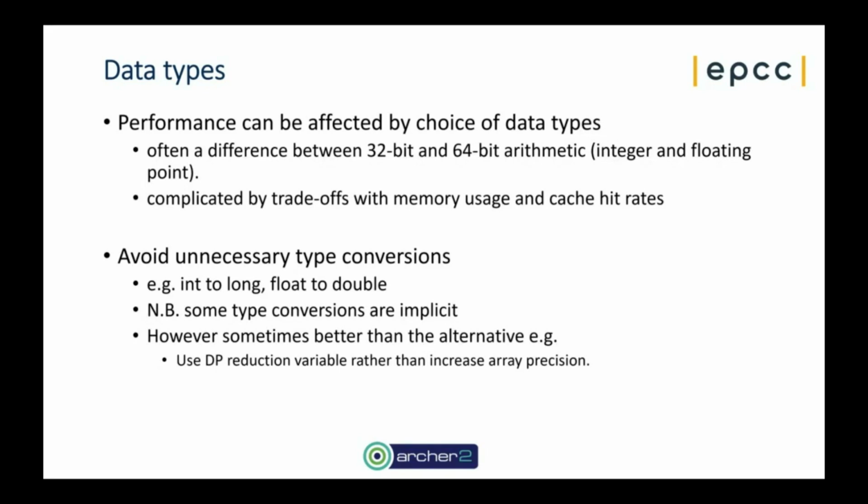If we can do that, then we can halve the amount of memory we need because we can fit more data into our storage. We're only using up 32 bits per element of our array. That means we should get more benefit from cache reuse as well, because every cache line now has twice as much work in it.